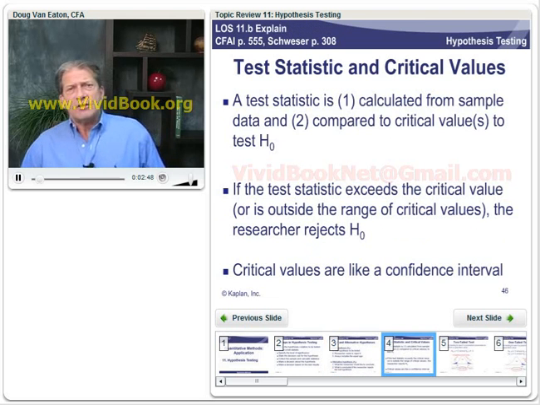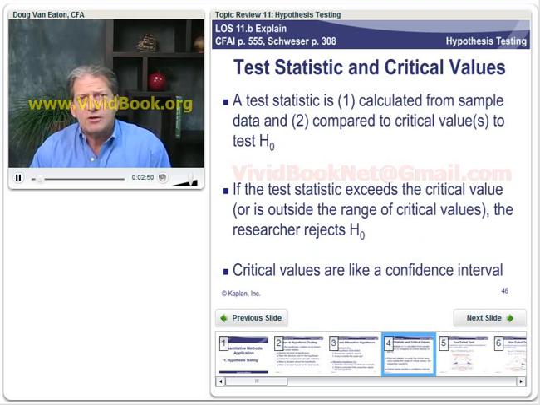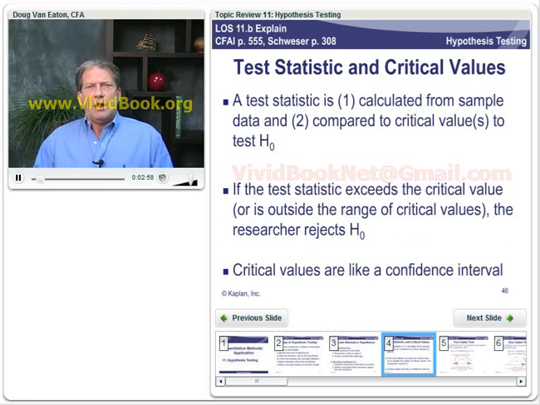Now, our test statistic is going to be calculated from our sample data, and we're going to compare it to some critical value, and that critical value is going to depend on the significance level of the test. And then if the test statistic exceeds this critical value, or for a test of a point value is outside this range of critical values, then the researcher's going to reject the null hypothesis.